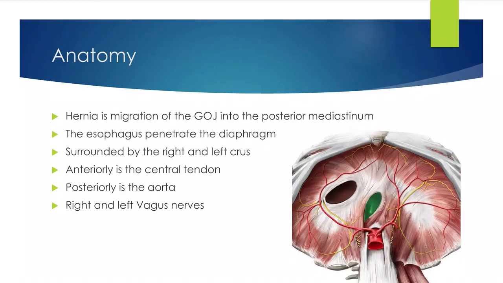Anterior to the hiatus, we have the central tendon of the diaphragm. It's a tendon composed of interlacing white collagen fibers with no actual muscle in that central part. Below the diaphragm, you could see the inferior phrenic arteries that supply the inferior surface of the diaphragm.